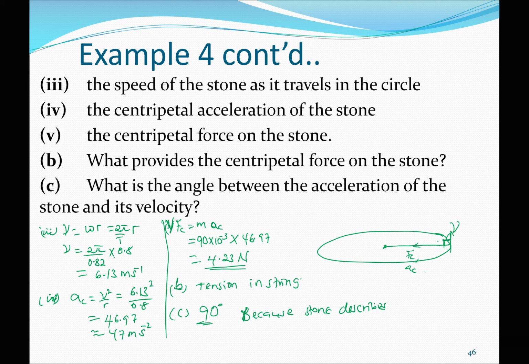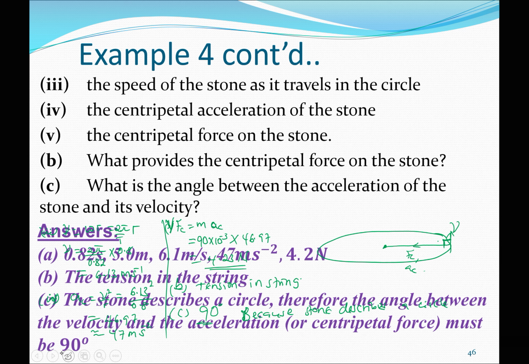If an object describes a circle, then the centripetal force is in the same direction as the centripetal acceleration. The velocity is always perpendicular to the centripetal force and to the centripetal acceleration. So the angle is 90 degrees. Okay.